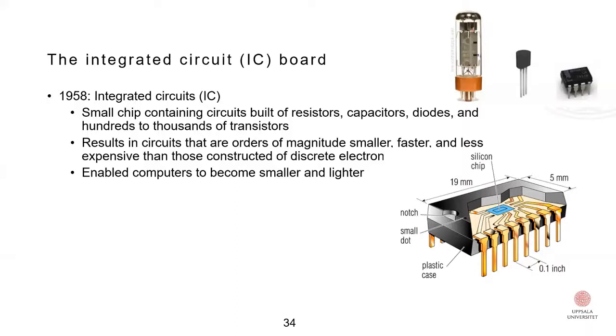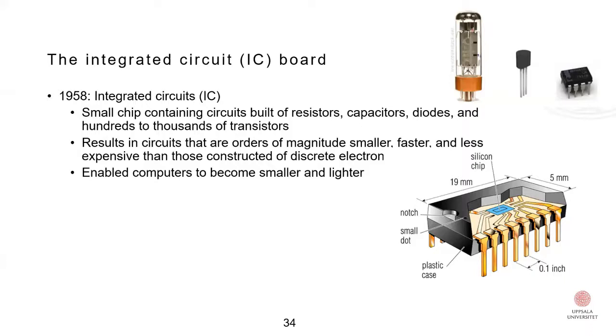They are smaller, this is trivial, but why are they faster? Because for circuits, the path that electricity has to go through affects how fast the circuit will be. So if the electricity has to go through a very long wire, it will be slower.